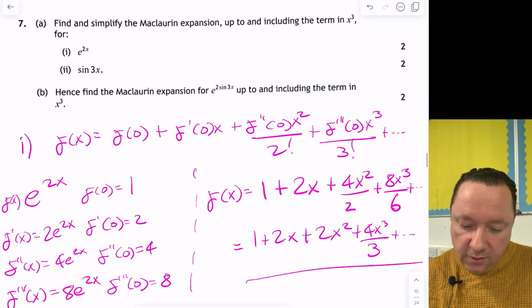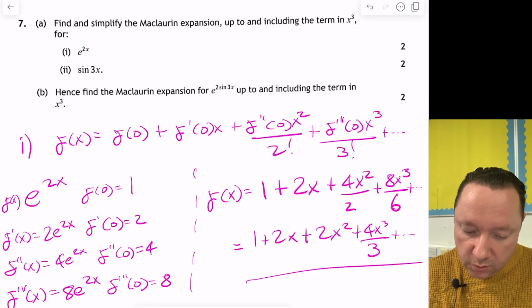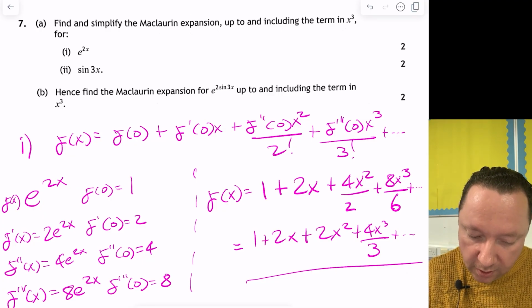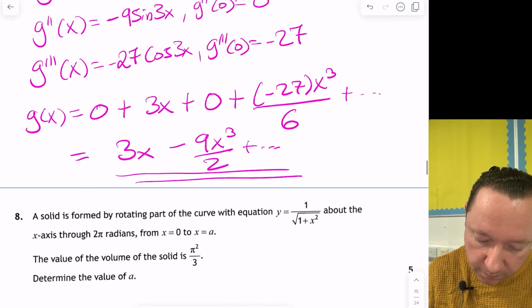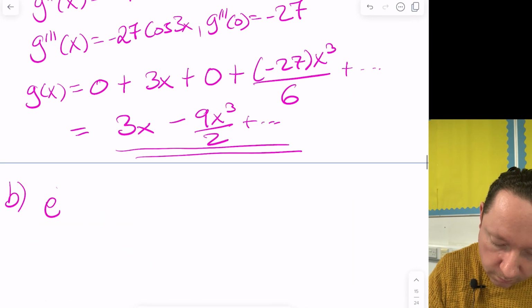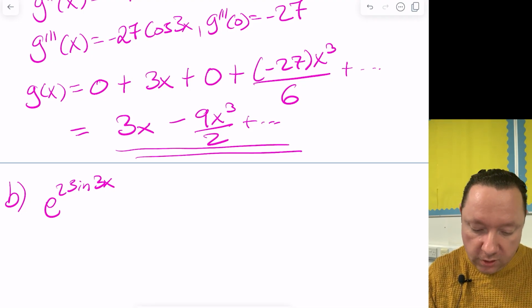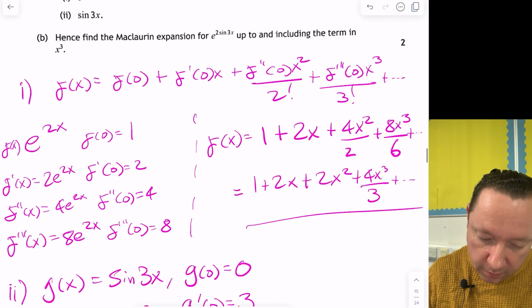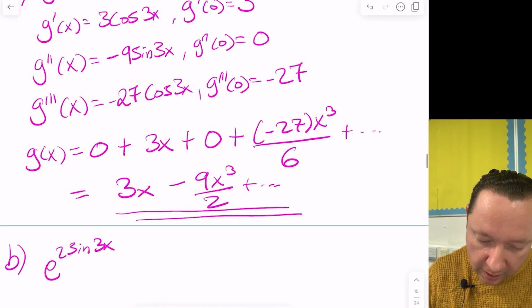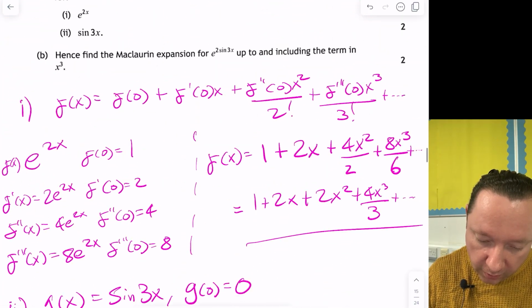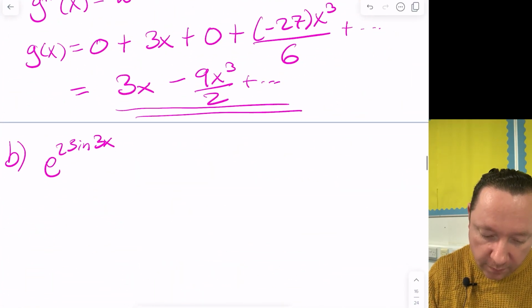Part B says, hence find the Maclaurin expansion for e to the 2 sine 3x up to the x cubed term. Okay, so e to the 2 sine 3x, and we've just done e to the 2x, and we've done sine 3x, so that's appearing in there.